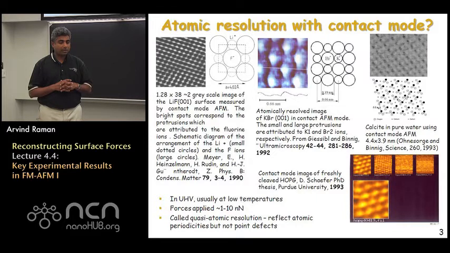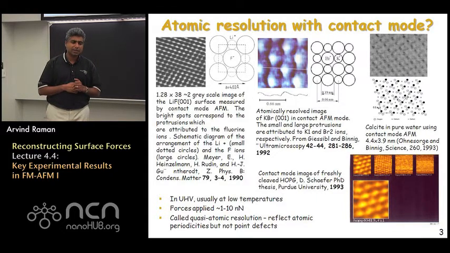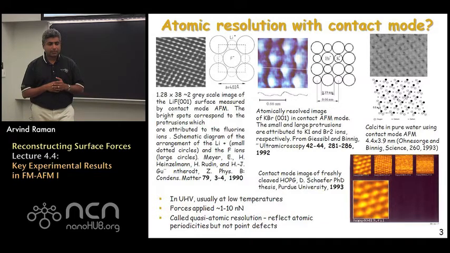The second important thing is the forces applied were rather large, typically 1 to 10 nanonewtons, which suggested that the mechanism or the physics by which these images are formed would not lend itself to an explanation which suggested that you would have a single atom probing the atomic structure of the surface, but rather at a force of 1 to 10 nanonewtons, the whole tip would be pressing against the surface and you would have multiple points of contact.